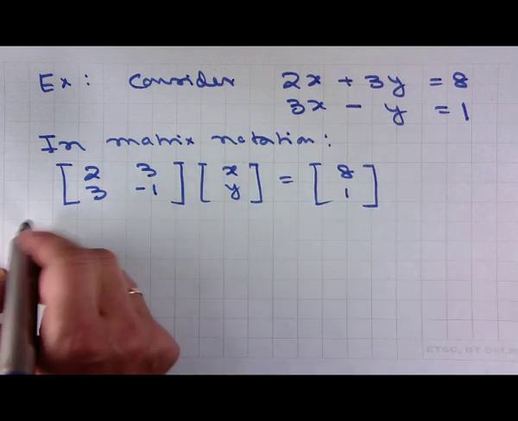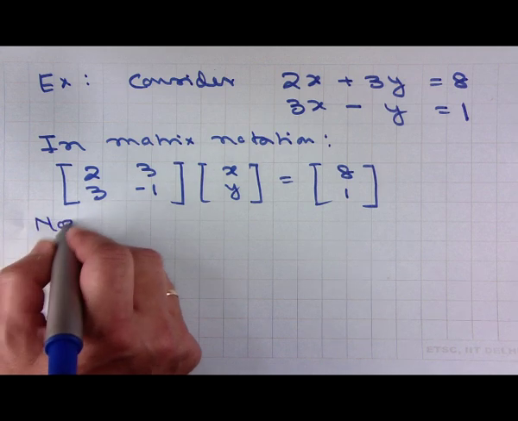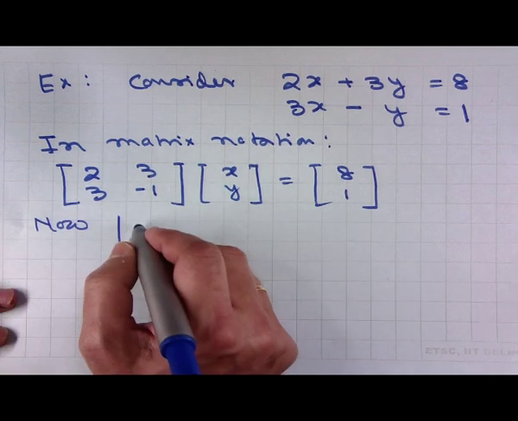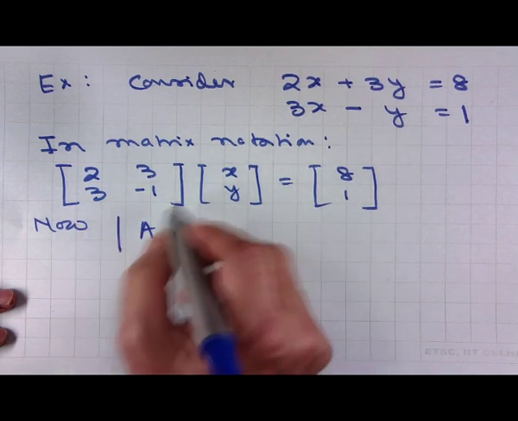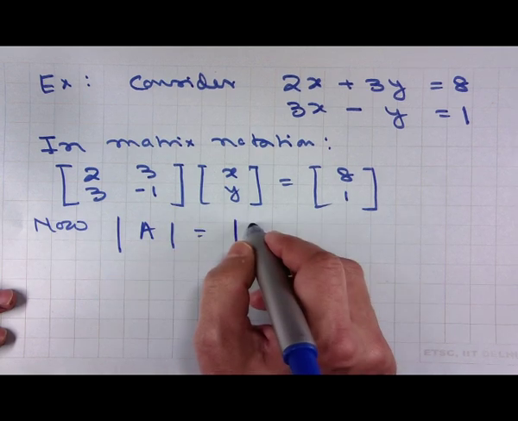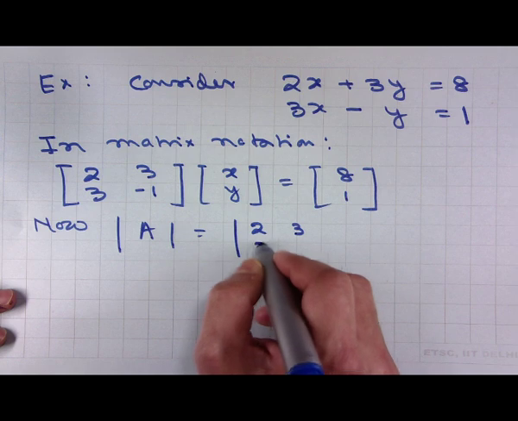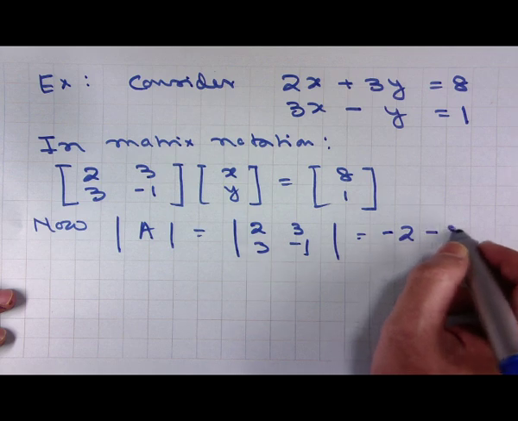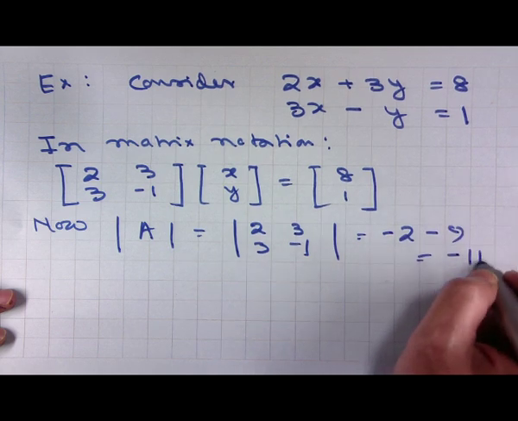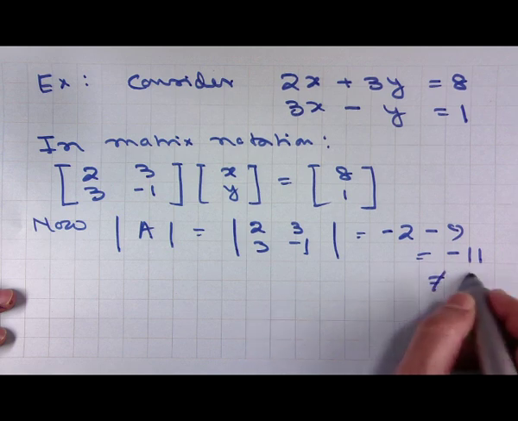Now, the determinant of A, which is this matrix, is equal to the determinant of [2 3; 3 −1], which is −2 − 9 = −11, not equal to 0.